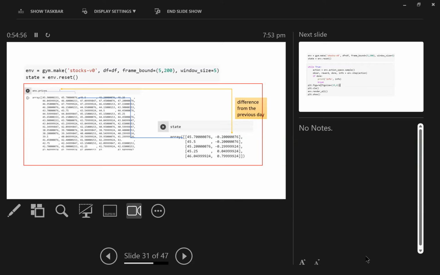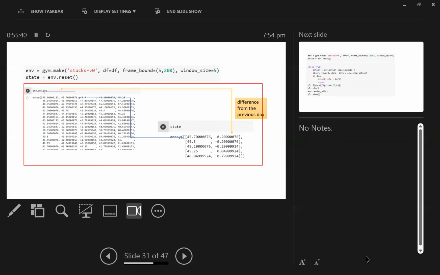You will see that it provides a window that moves through this period of time. For each move, we create a window for you for training. Now let us decide the window size, which is defined by this keyword argument, window size is 5. That means out of all the stock prices, we will chop it into windows of size 5, one by one. Let's see what it gives us.